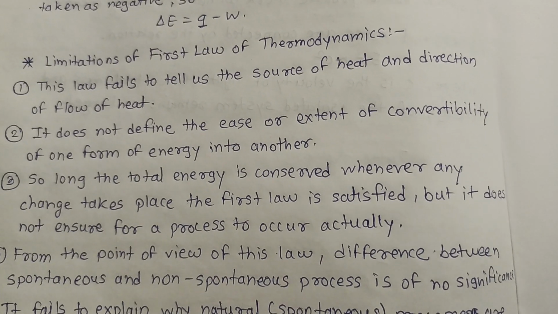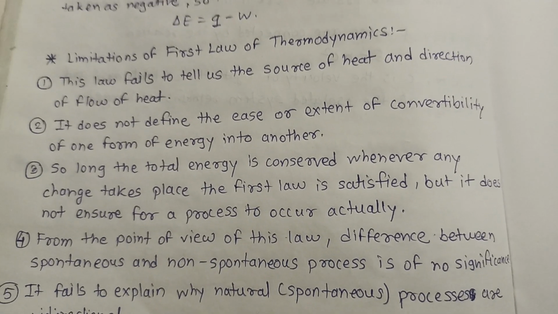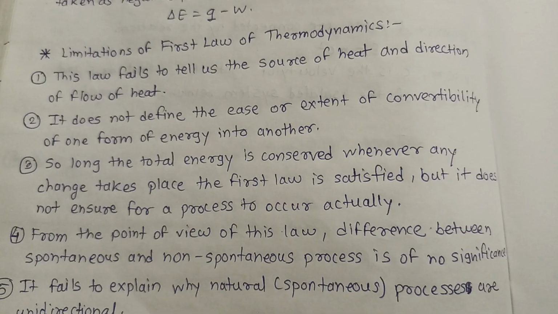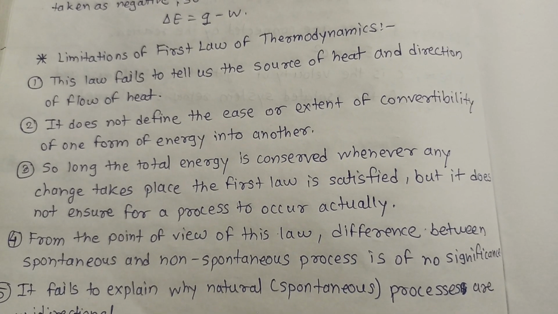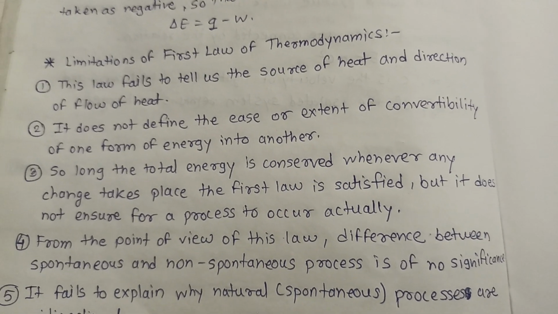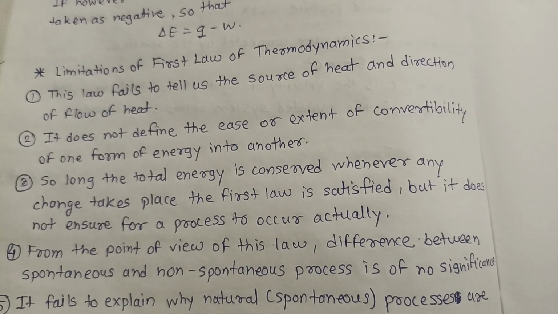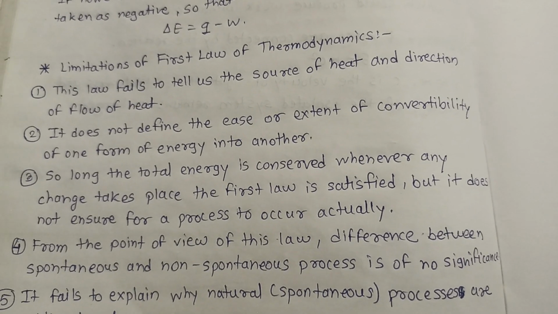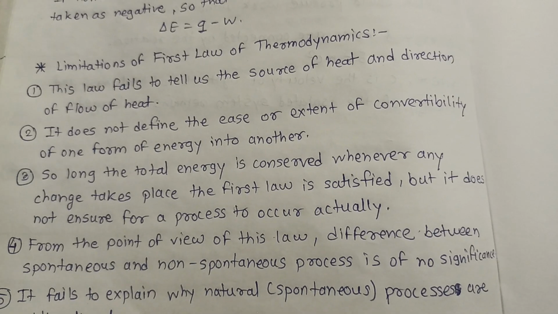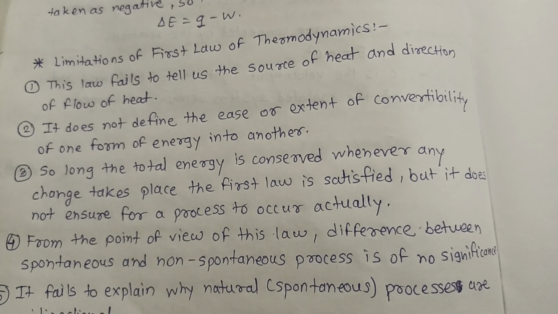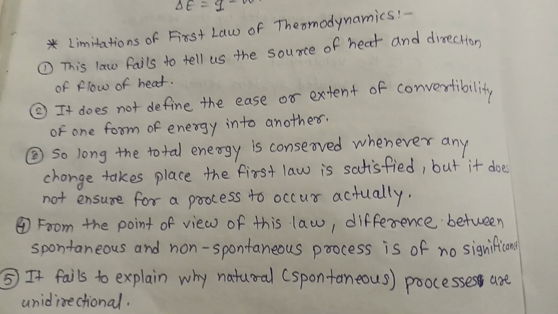From the point of view of this law, the difference between spontaneous and non-spontaneous processes is of no significance, because the first law does not explain spontaneous and non-spontaneous processes. Generally, a spontaneous process is one which takes place on its own, and for a non-spontaneous process we have to apply external heat or pressure.